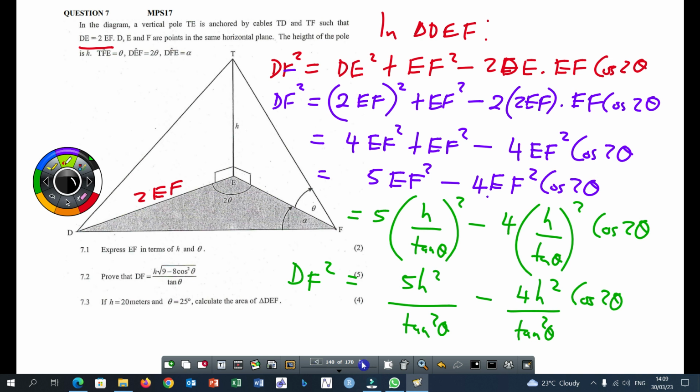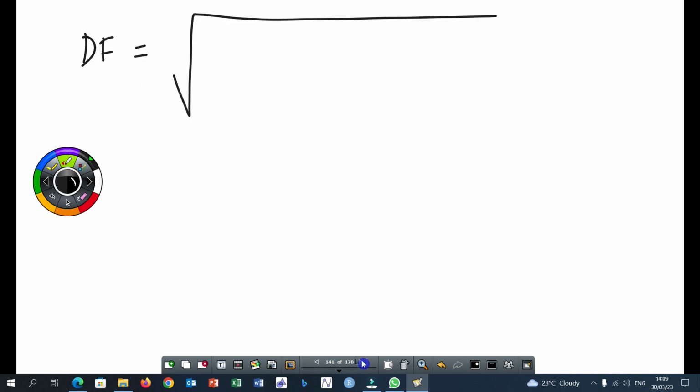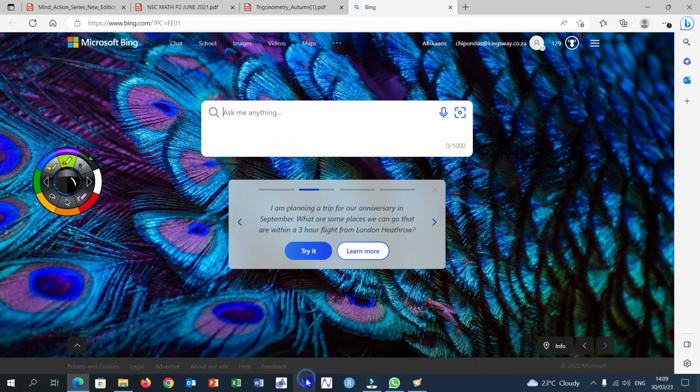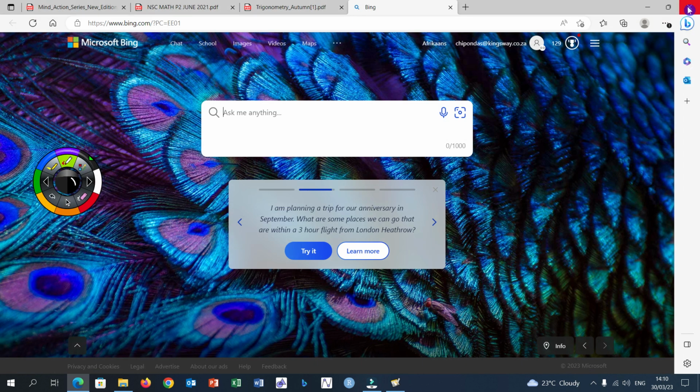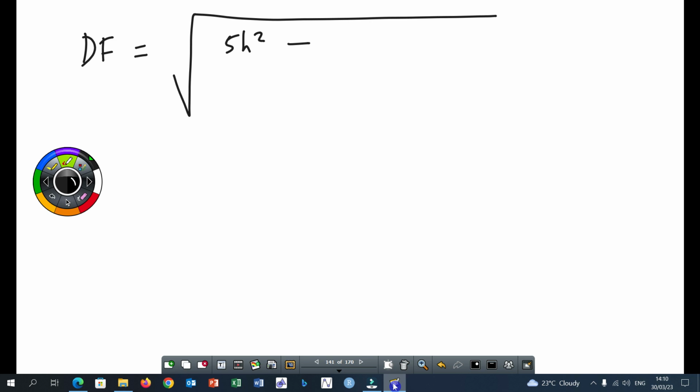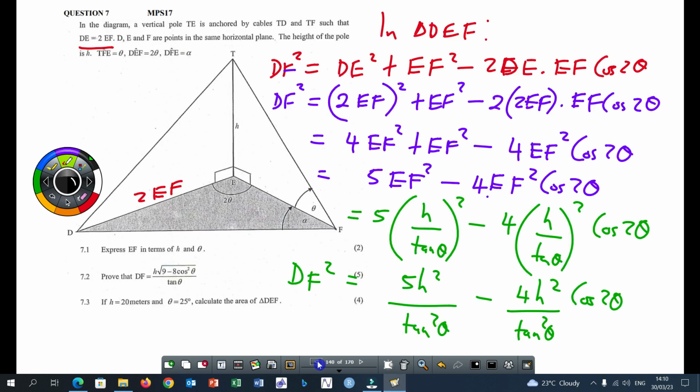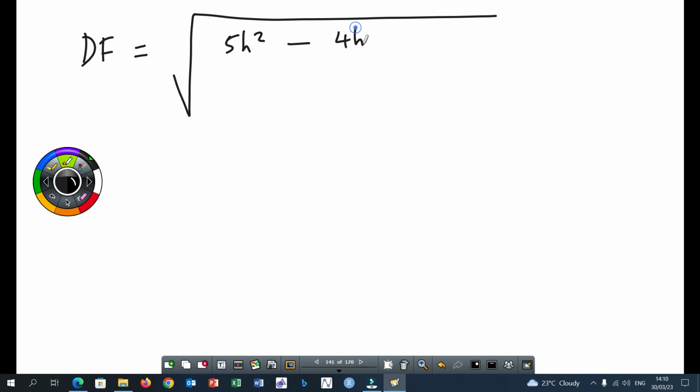So that will be 5h squared minus 4h squared, and then I'll convert the cos 2 theta to 2 cos squared theta minus 1.